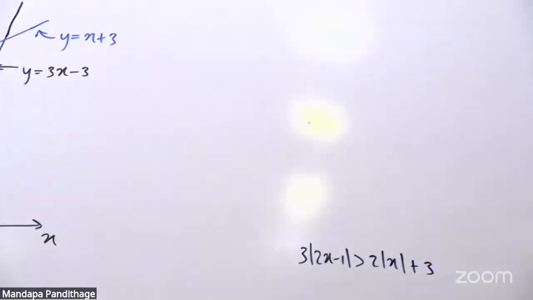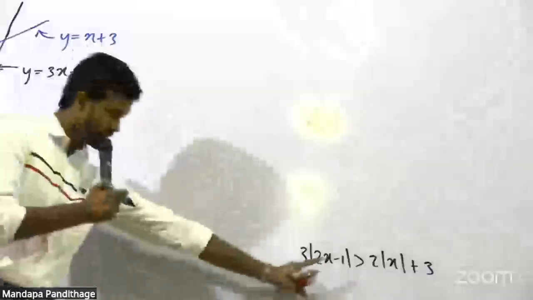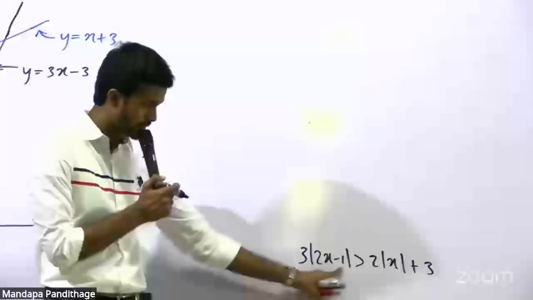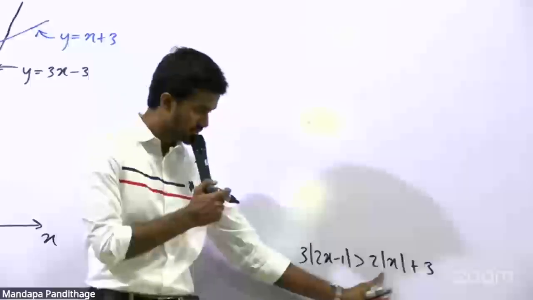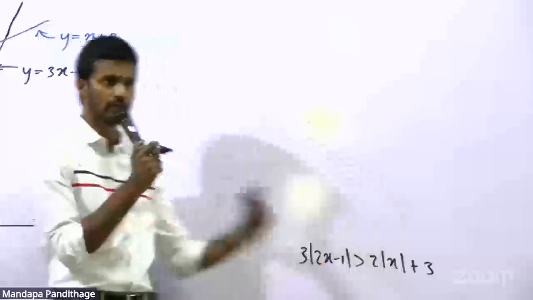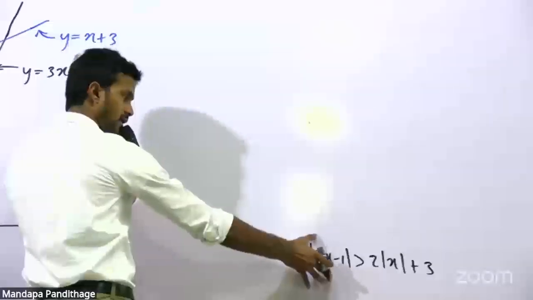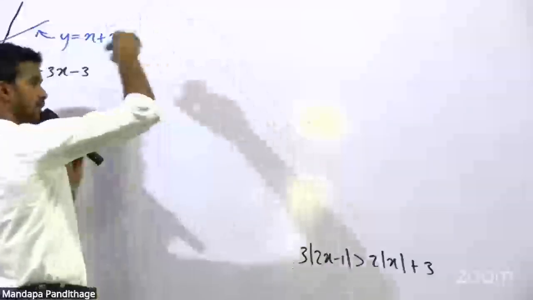This is the inequality you are supposed to solve. Listen, so forget about this one, because we haven't sketched the graph of this. Looking at this inequality, write the inequality in terms of the functions that you know.